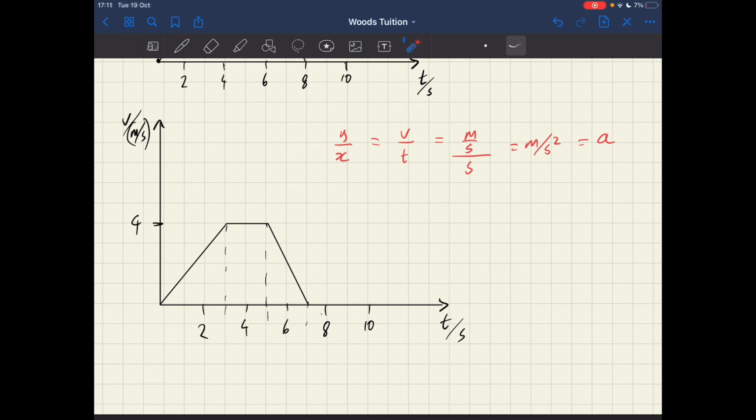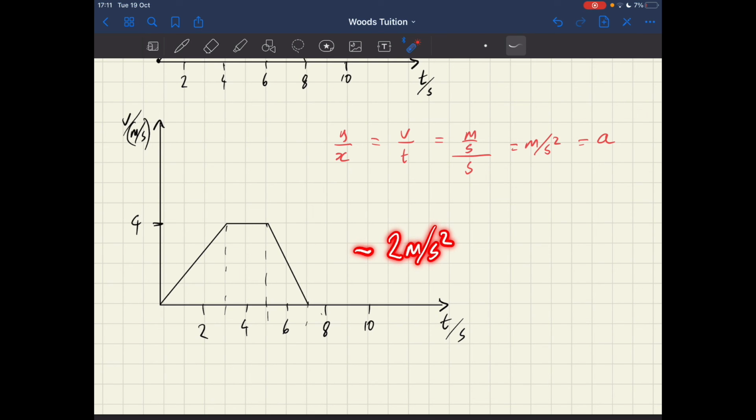For the next part of the graph, there's no rise and the run is 2, but that doesn't matter because as there's no rise, 0 over 2 is equal to 0 meters per second squared. For the last part of the graph, we're going to have a run of 2 and a rise of 4, and then it's going to be 4 over 2, which is equal to 2 meters per second squared.